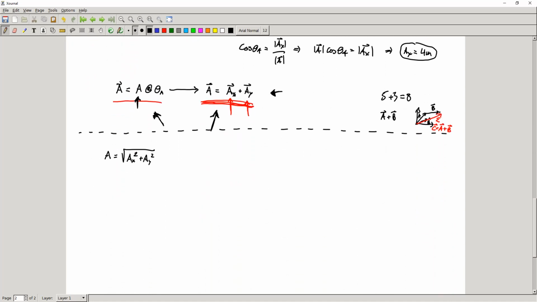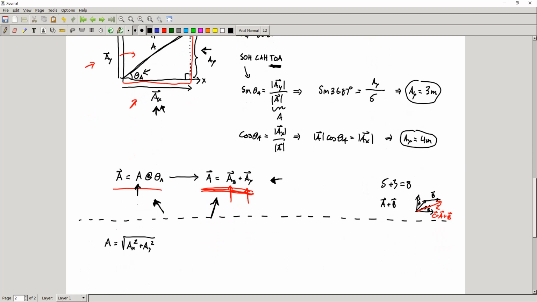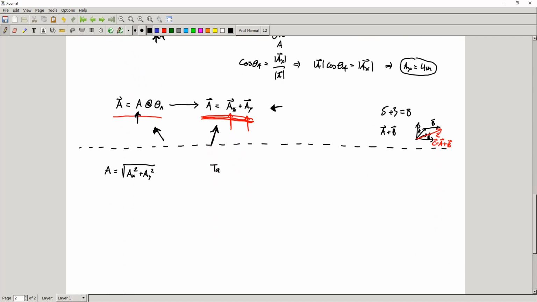And if we wanted to find the angle in here, we could easily get that from the tan relationship, right? So we just need the inverse of tan because we know that tan theta is going to be equal to ay over ax. Oops, that should be an x.